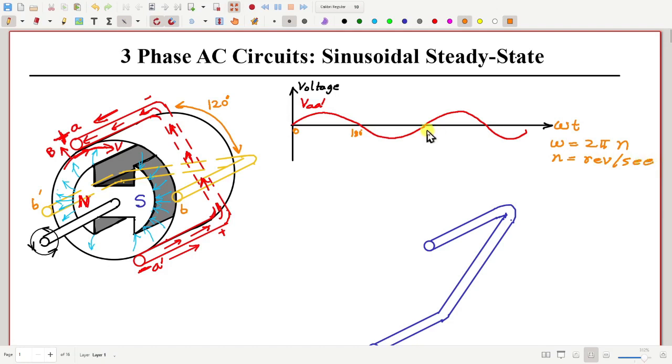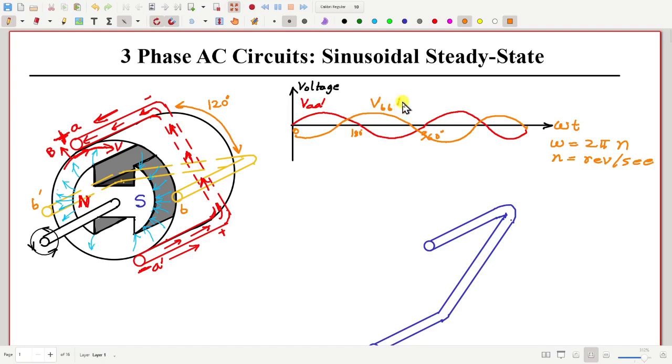Okay, then this is 360 degree and so on. Now the voltage induced in BB prime will lag the voltage induced in AA prime by 120 degrees, so that will be somewhat like this. Okay, so this is the voltage V_BB'.